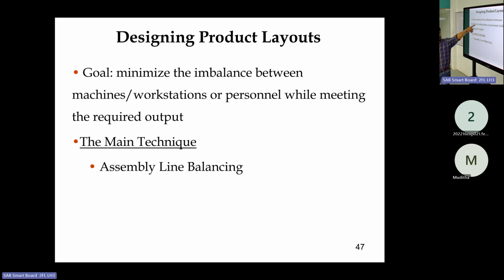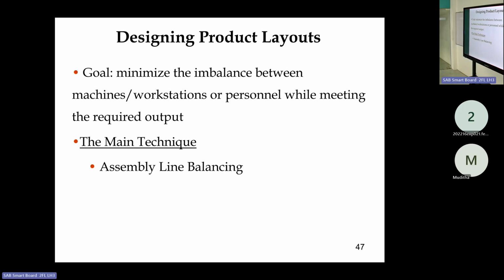Right. Minimize the imbalances. So in other words, equalize the time of workstations. And there is only one technique for this, and that is known as assembly line balancing, which is the technique used to design product-oriented layout. Have you heard of it before? Have you studied it before? Line balancing, assembly line balance. There are a few steps we can quickly learn.